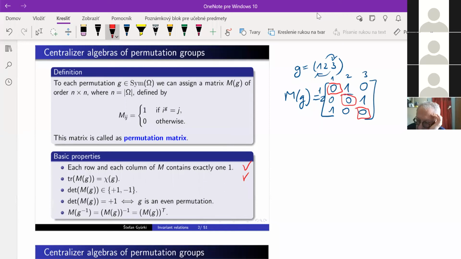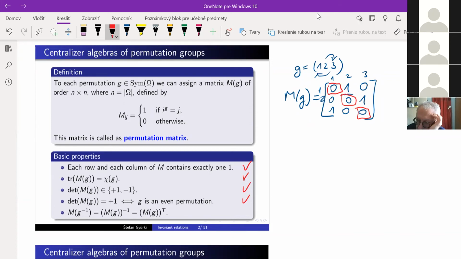Third basic property is that the determinant of such a matrix is either +1 or -1. This can be easily obtained by usual expansion of matrix when computing determinants. I think this is Laplace expansion, and moreover, the determinant is +1 if and only if G is an even permutation.